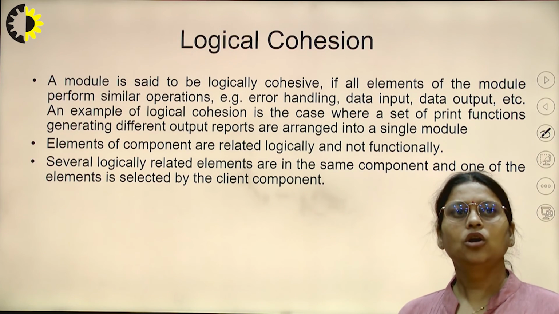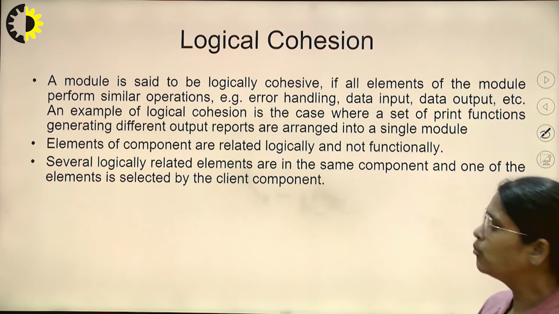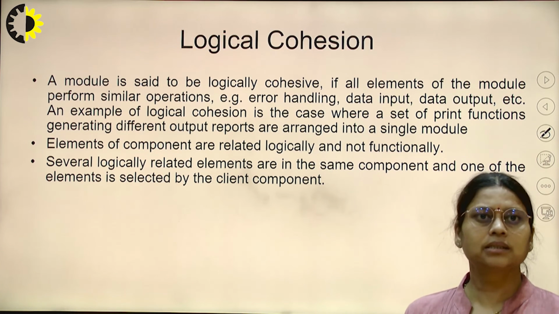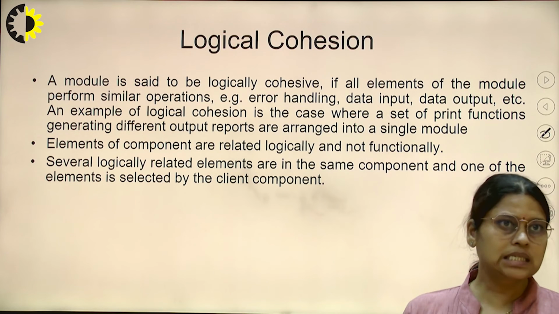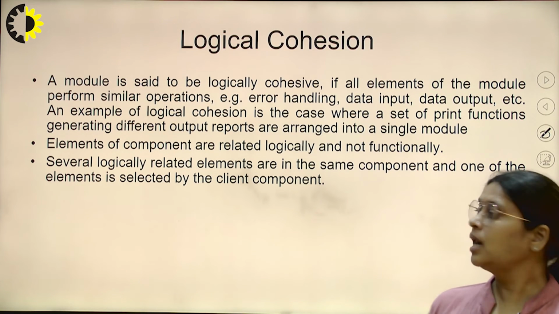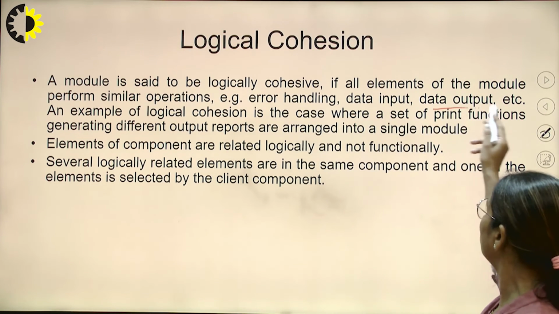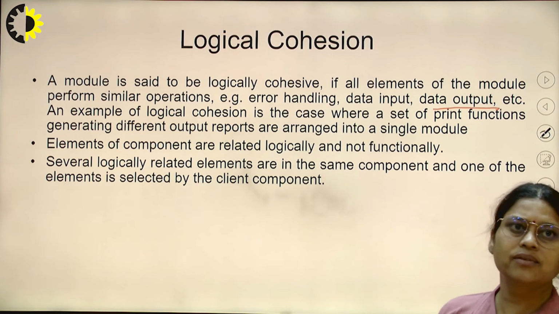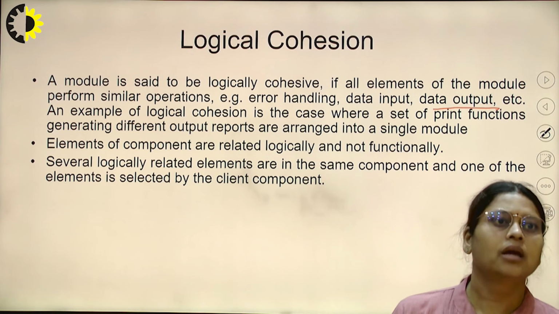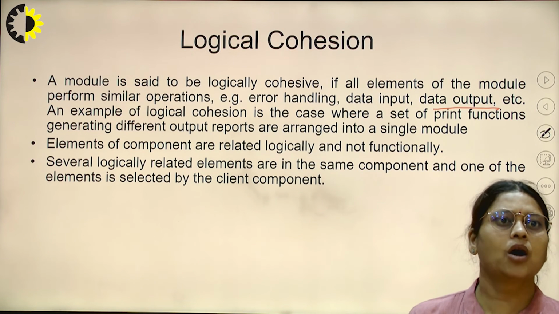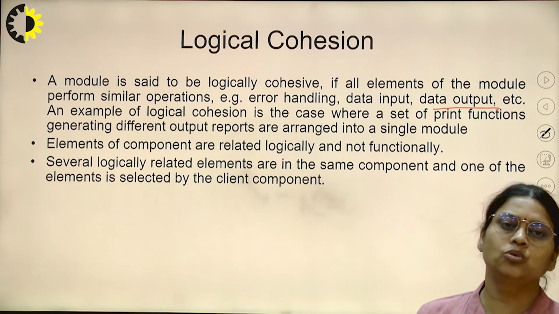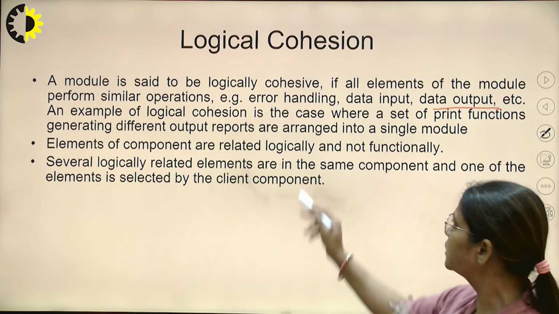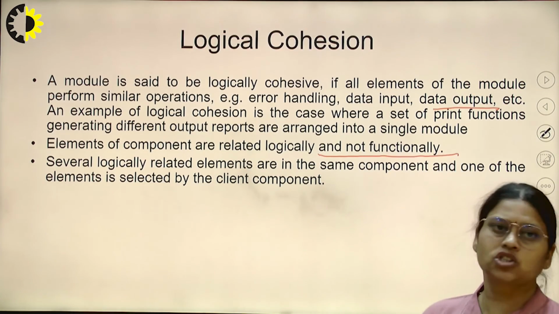Now, logical cohesion. A module is said to be logically cohesive if all the elements of the module perform similar operations, like error handling, data input, data output. An example of logical cohesion is a case where a set of print functions gather the different output reports that are arranged into a single module. So, elements of components are related logically, not functionally.